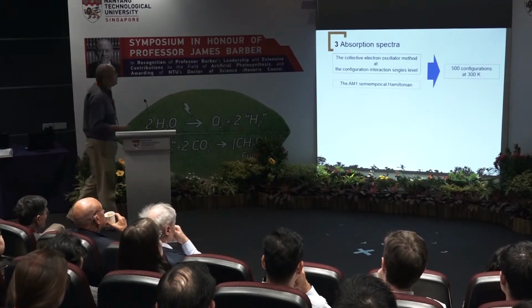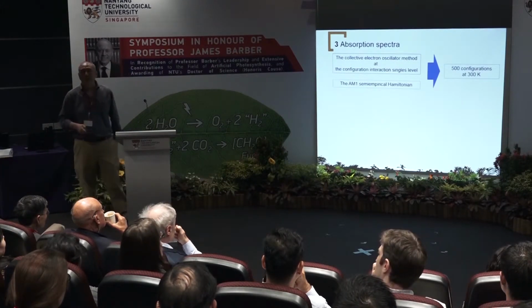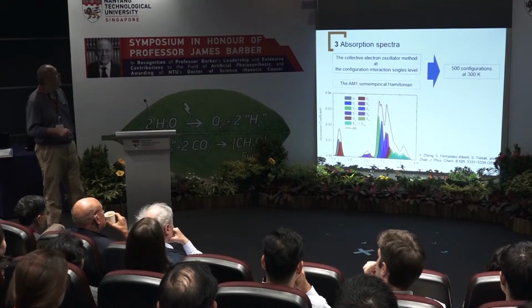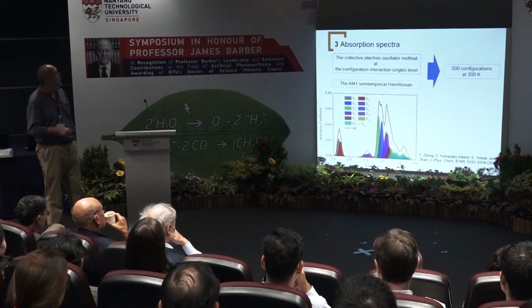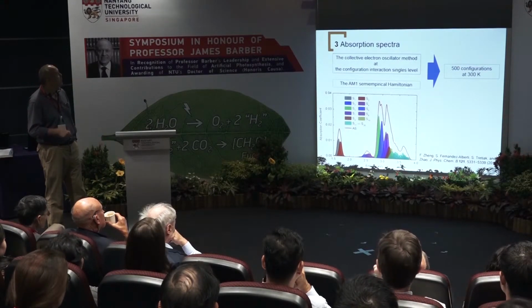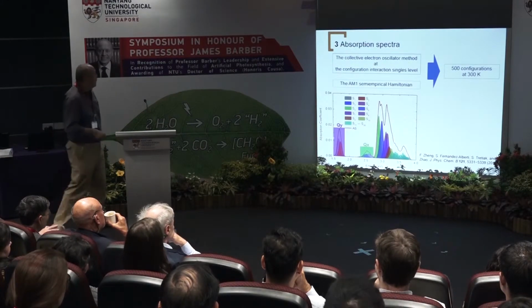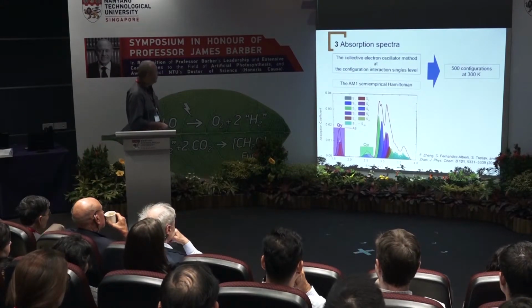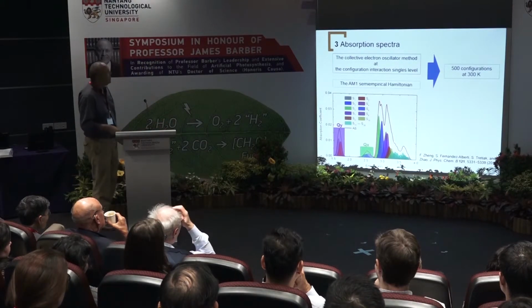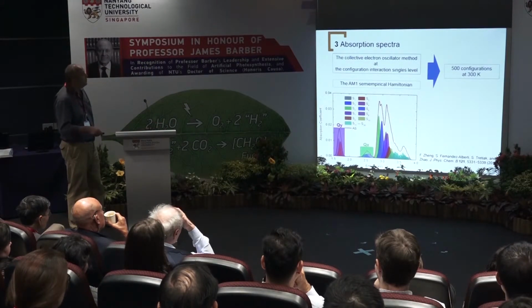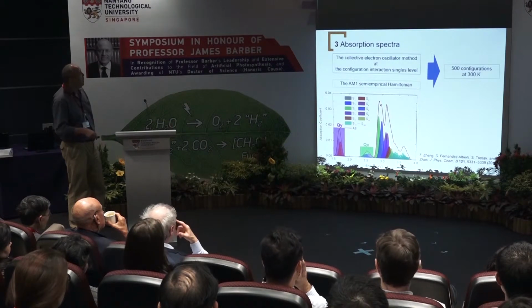The Hamiltonian we use in our calculation of the absorption spectrum is at the semi-empirical level. It's called the AM1 semi-empirical Hamiltonian, and the simulation is carried out at room temperature for obvious reasons. These are the QY absorption peaks, QX absorption peaks, as well as the Soret B bands that we calculate.